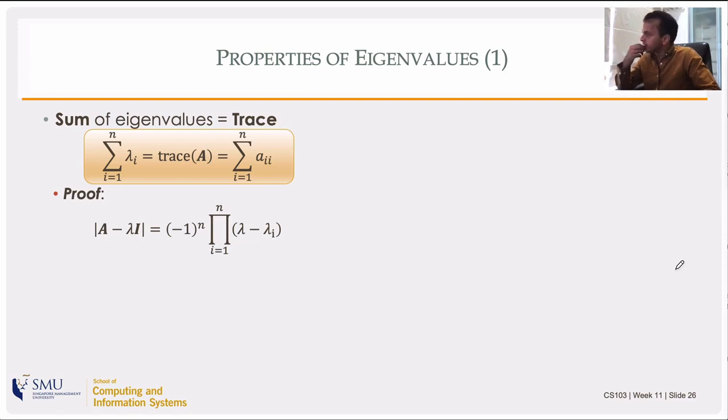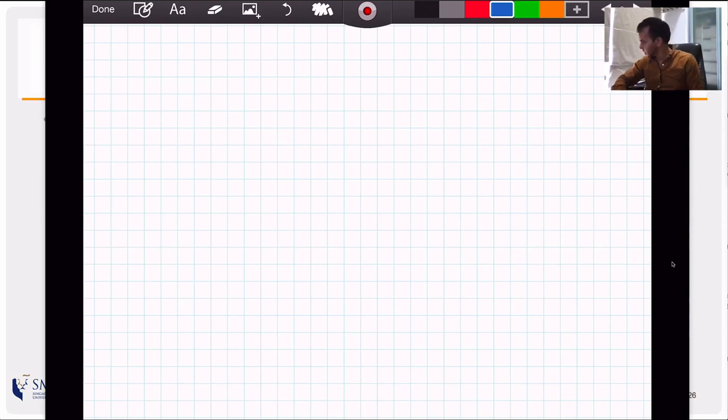The proof is interesting. If you think about the characteristic polynomial, assume that you have the eigenvalues lambda_i, then the roots of the characteristic polynomial will have to be the same as the eigenvalues. So what I'm saying is that the roots of the characteristic polynomial will have to be lambda_i, because lambda_i are the eigenvalues.